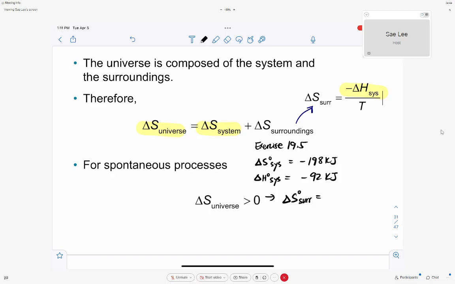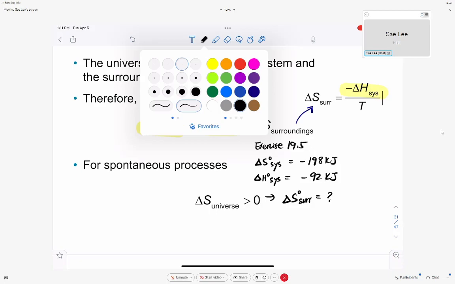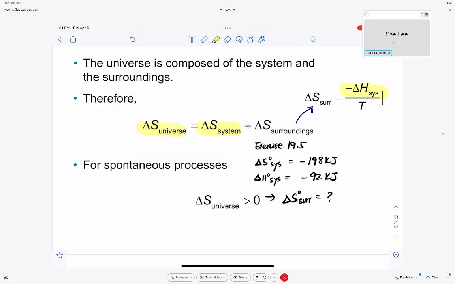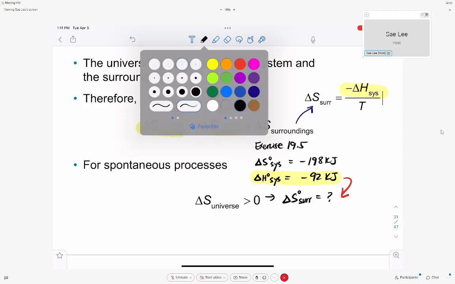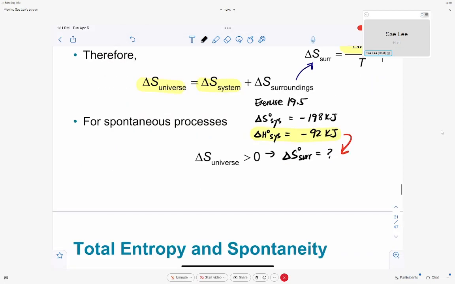The answer is yes. We can definitely use this value to calculate the entropy change of the surroundings. One thing you have to note is that the heat released from the reaction is negative 92 kilojoule. Then how much heat is absorbed by the surroundings? Is it still negative 92? No, it's going to be positive 92.